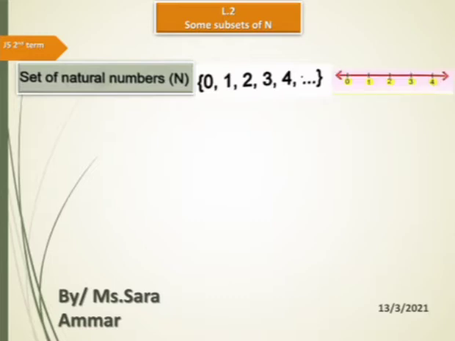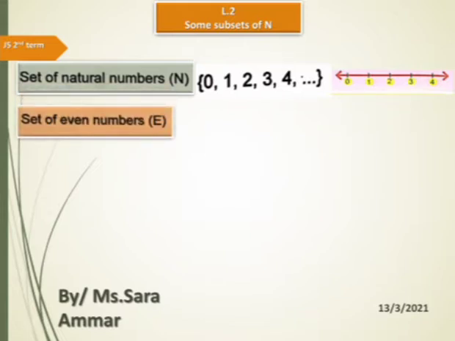This is how it looks on the number line. You draw a number line, which is a straight line, then you put the numbers on it from 0 infinitely. It's a straight line because it's an infinite set, it never stops. Another subset is the set of even numbers. The even numbers start with 0, 2, 4, 6, 8, and so on.